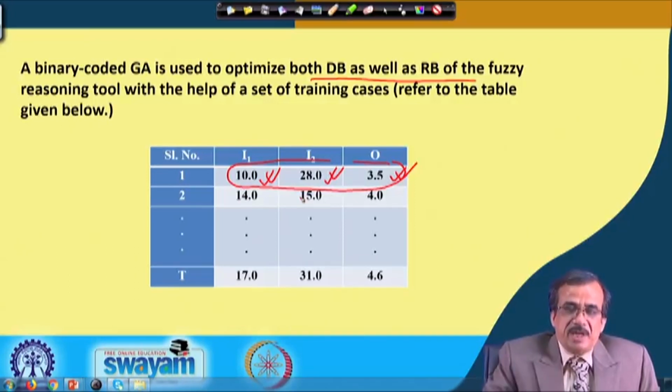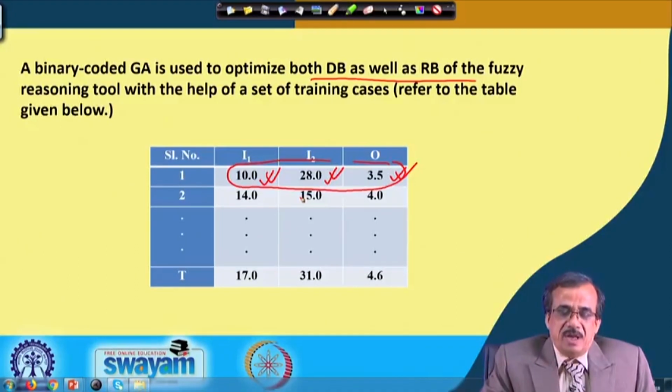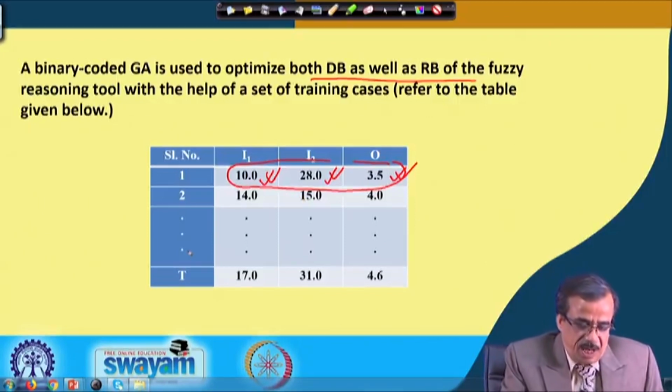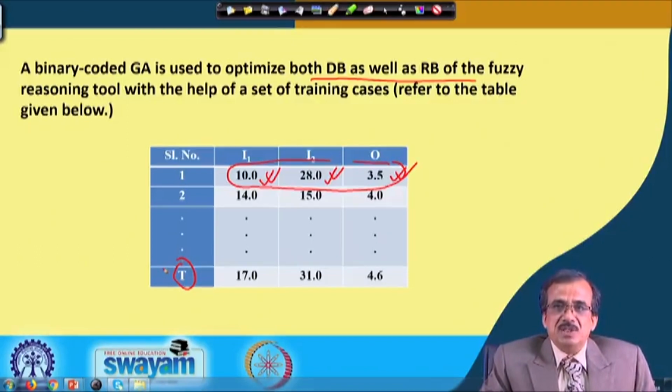So, this is the way we can collect the known input output relationship, and that is nothing but the set of training cases or the set of training scenarios. Now, here we have got, say, capital T number of training scenarios.